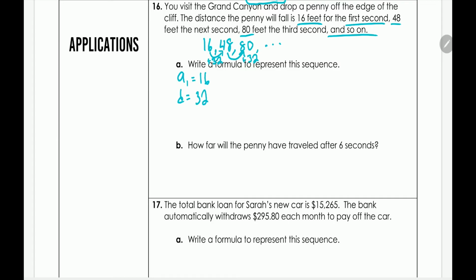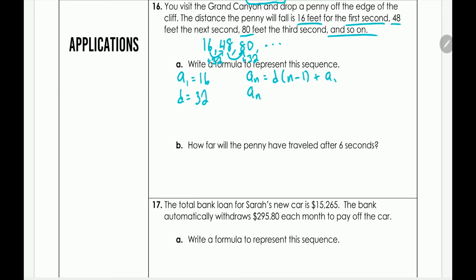Okay? Now, let's use the formula from before and create a new formula to represent this particular sequence. So we have a sub n is equal to d multiplied by n minus 1 plus a sub 1. Let's substitute everything other than n.